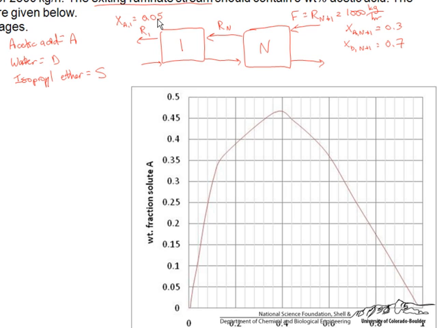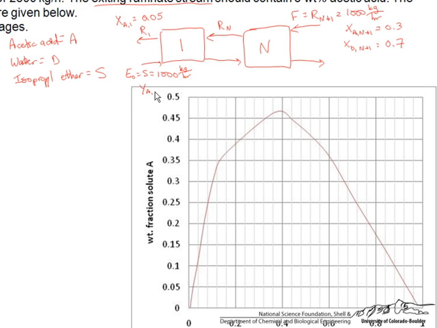Let's now talk about the solvent streams. The solvent coming in, E0 equals S, we call it both things, equals 1,000 kilograms per hour. And we know the composition of this. The solvent is 99% isopropyl ether and 1 weight % acetic acid.